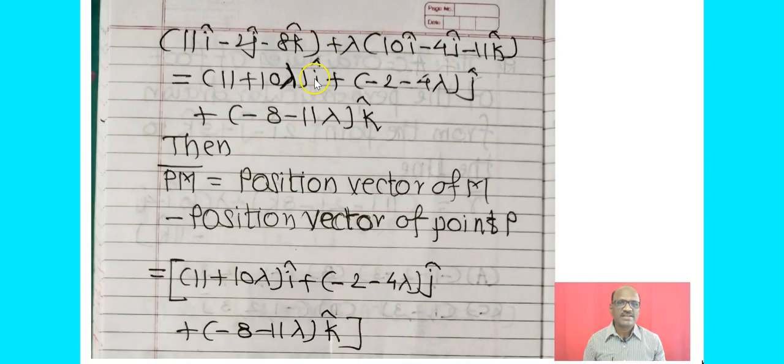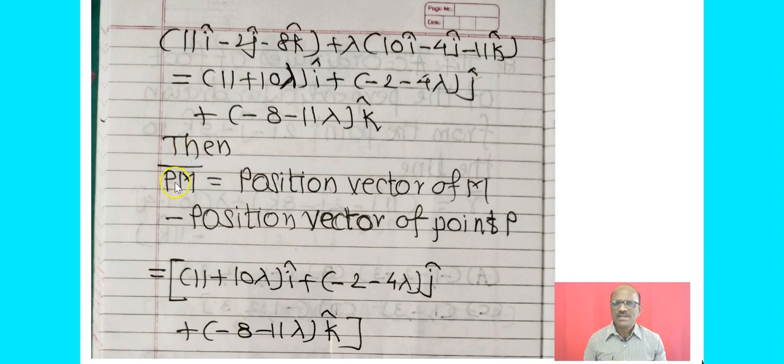Now this vector can be written in terms of i, j, k, that is 11i cap minus 2j cap minus 8k cap plus lambda (10i cap minus 4j cap minus 11k cap). Now collect the coefficients of i, j and k.